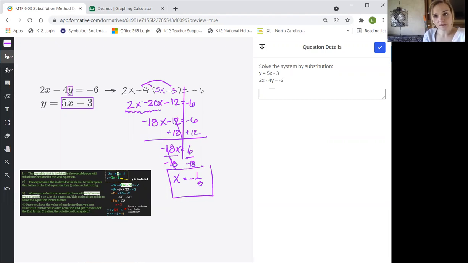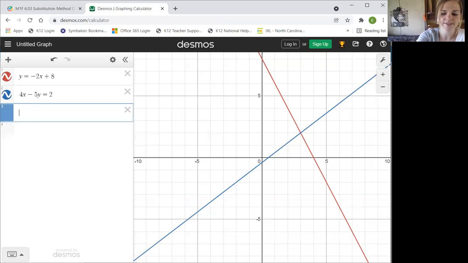Now, we also still have to go back and find our y value. The easiest way to do that is to plug it back into that equation. When we do that, we end up with y equals 5 times -1/3 minus 3. 5 times -1/3, 5 times -1 is -5 over 3. And we can simplify the rest.